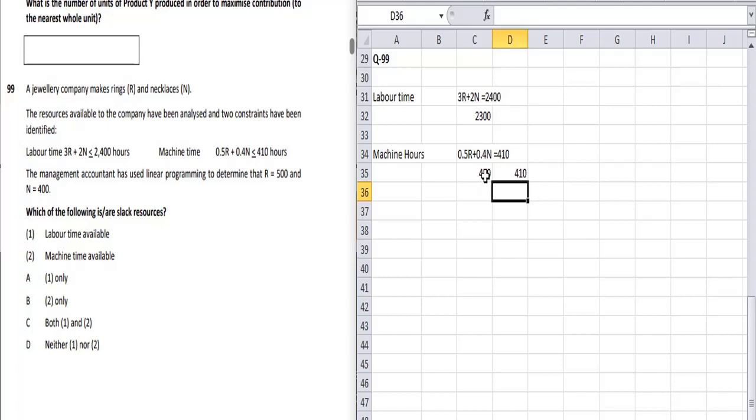So there is no slack in the machine hours, but in labor time there is still a slack of 100 hours. So labor time is the only slack. Basically, slack is unused resources, you can think.